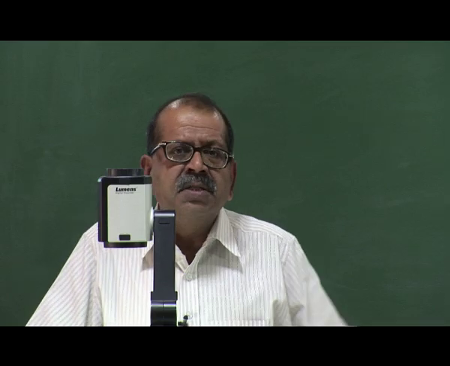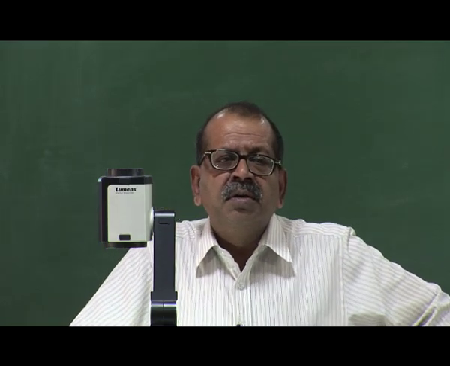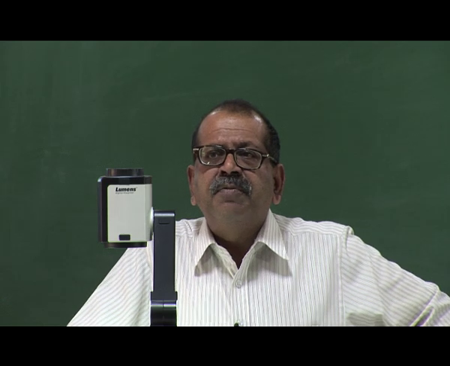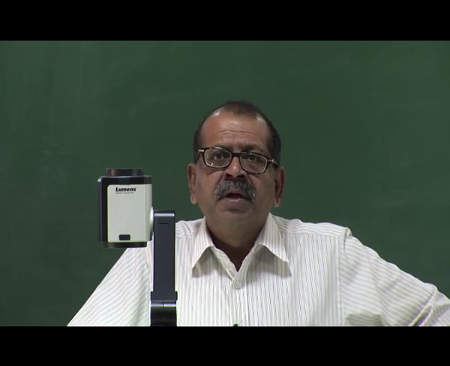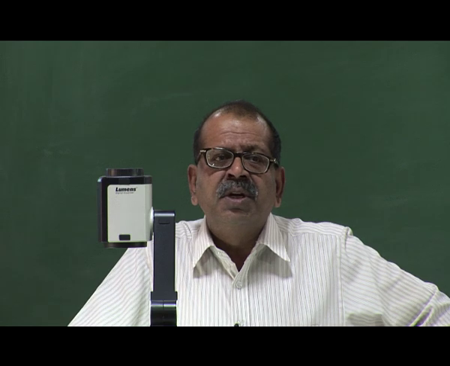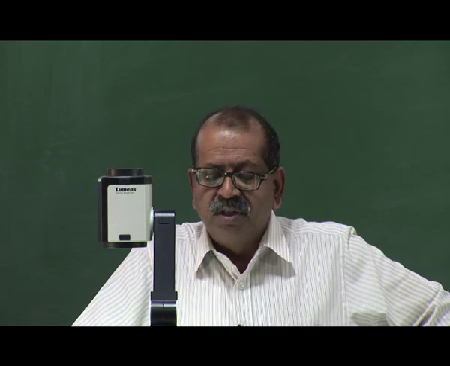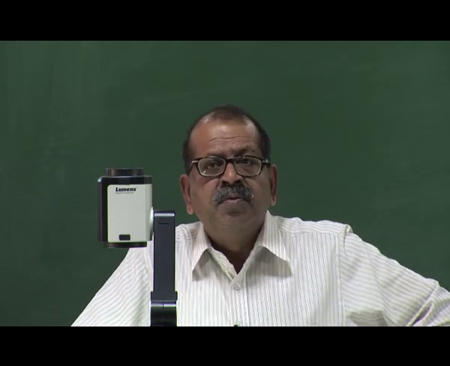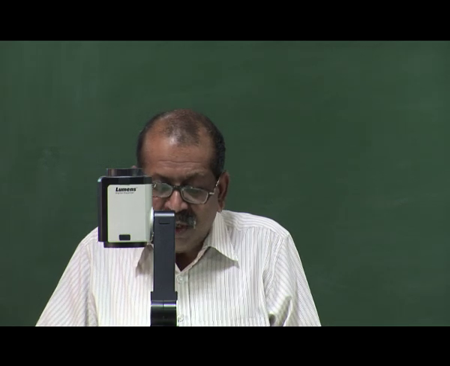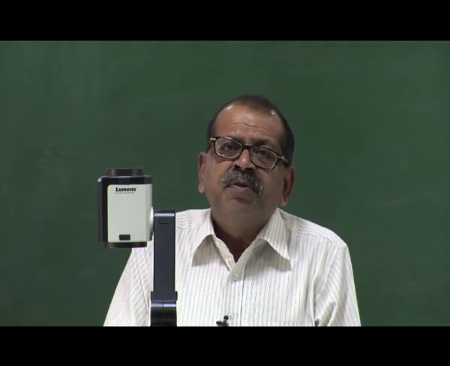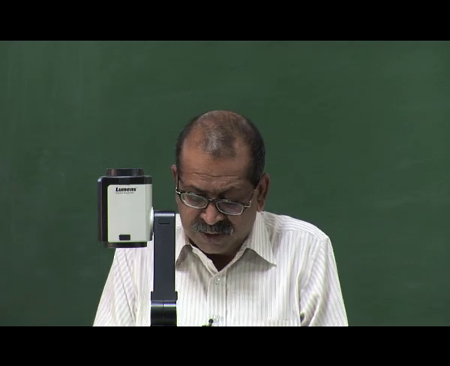In the last class, we saw the usage of the equation F is equal to ma. Now, we will look at this equation in a new form, and this formulation is referred to as the work and kinetic energy formulation, which leads to the principle of conservation of energy.